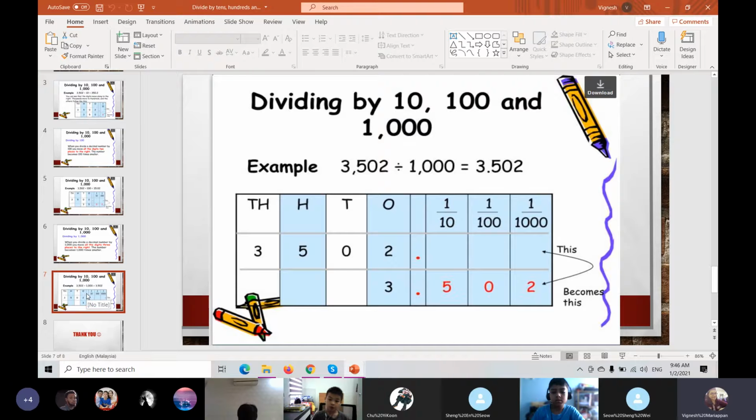The rest, who wants to try? Wrong doesn't matter. How are you going to move the decimal places? How will you get this answer? And then how to write in the box?